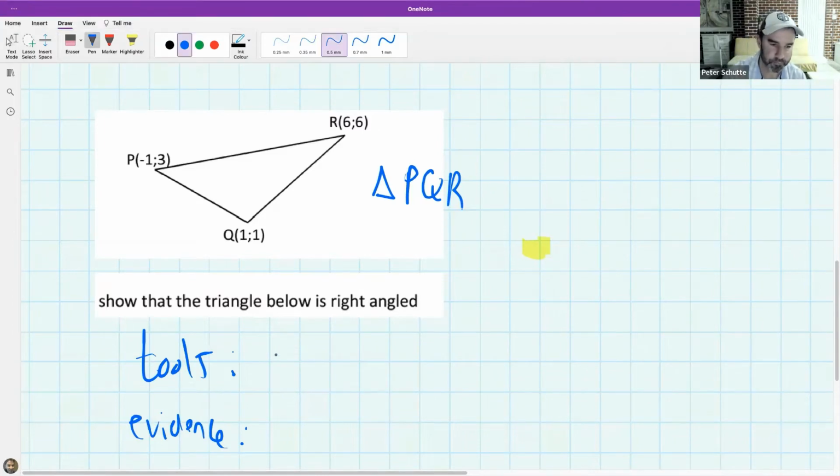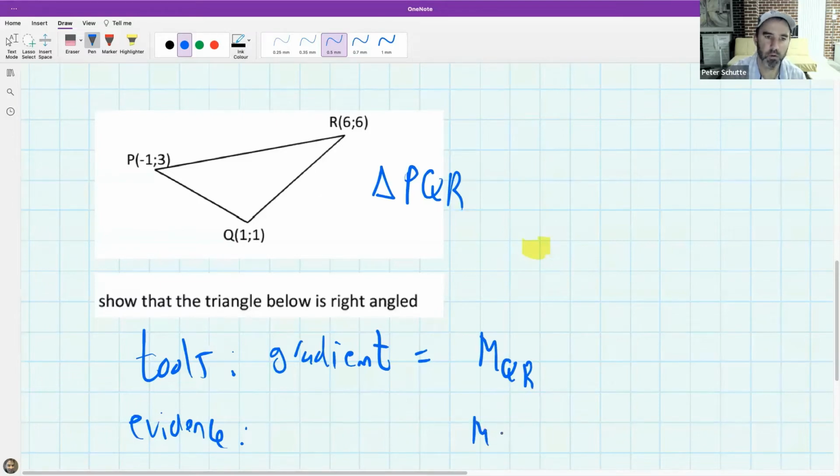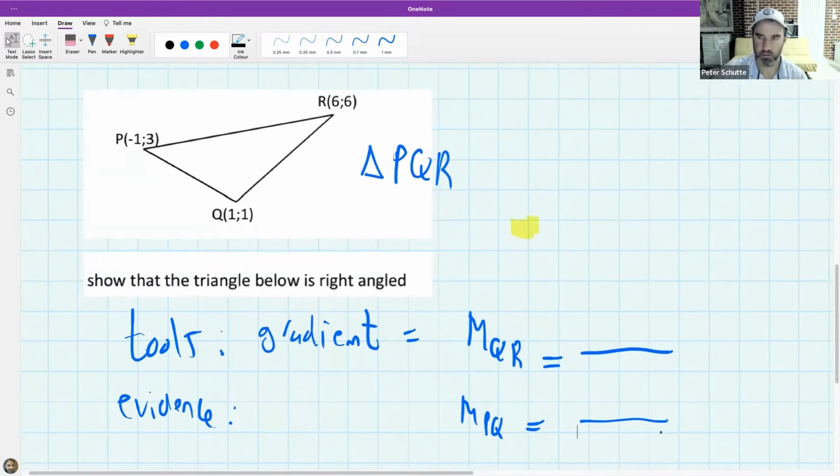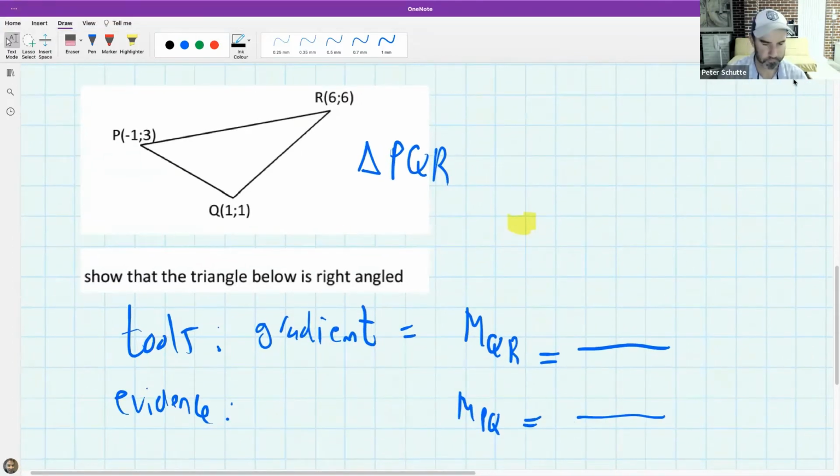So QR, and let's do this, guys. We're finding the gradient, right?